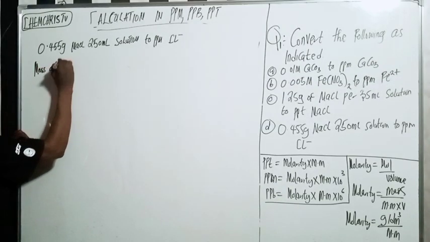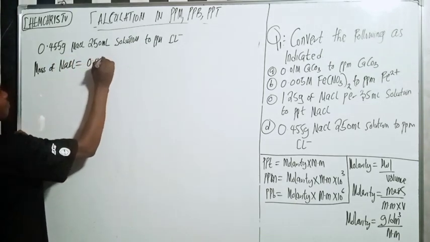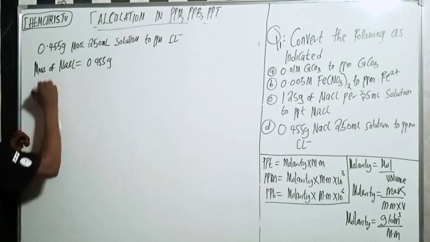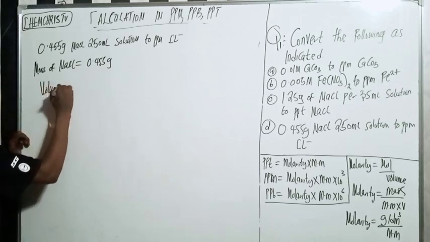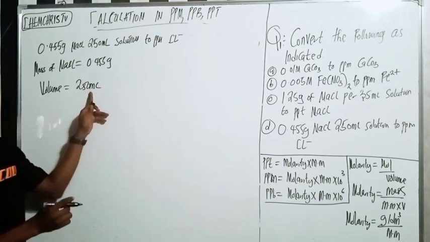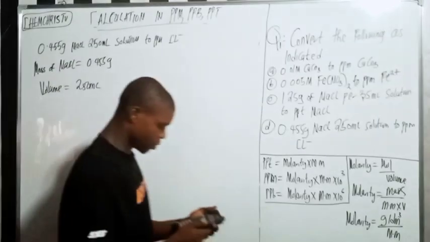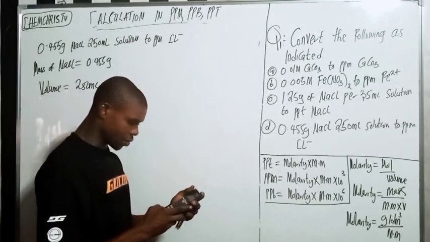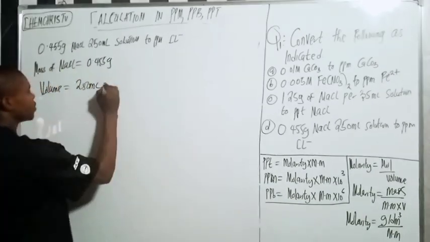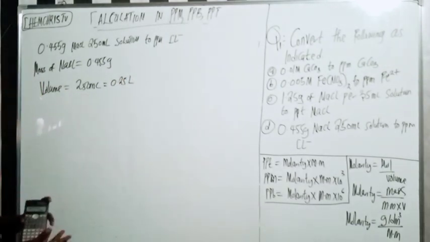Mass of sodium chloride is 0.455 gram, right? Volume of the solution is 250 mL. Of course, I have to convert to liter. Divide by 1,000. So 250 divided by 1,000, you will have 0.25 liter, right? So that is it.